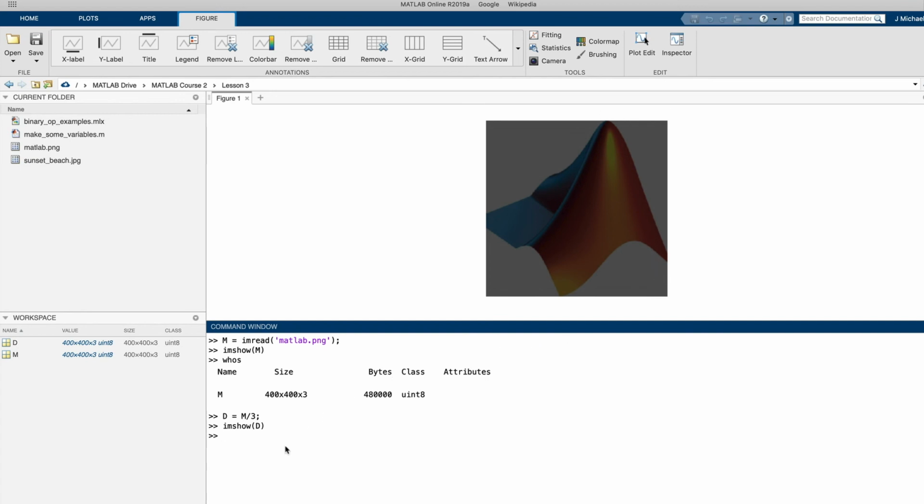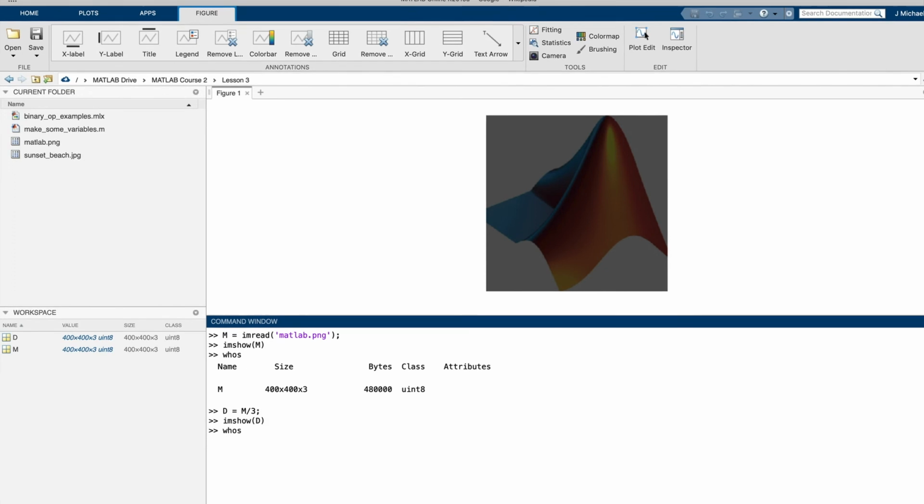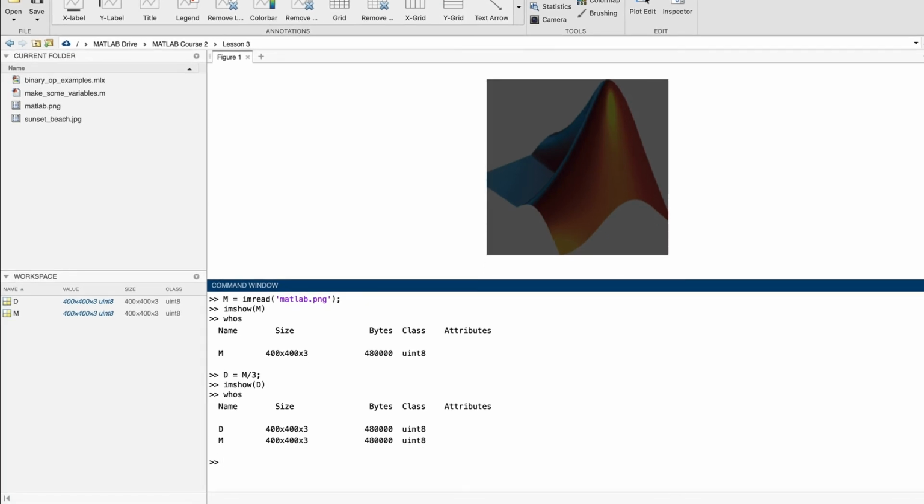Let's run whos again. As you can see, D is also a uint8, so the size of the image is not changed. 480,000 bytes for each of them.